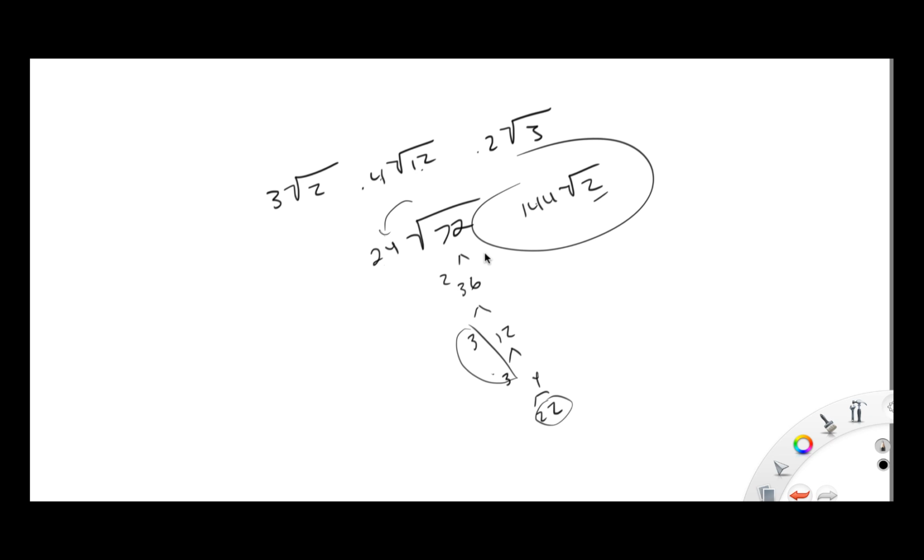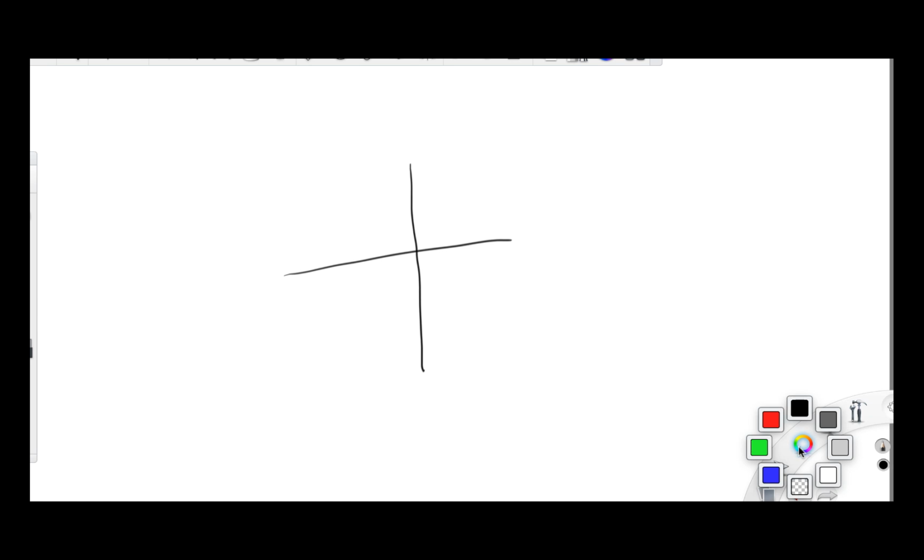Alright, so now let's get into 20b, which is dealing with the line parallel to a given line. As we look at this, we're going to notice a grid of parallel lines, and you're going to see these in your textbook.